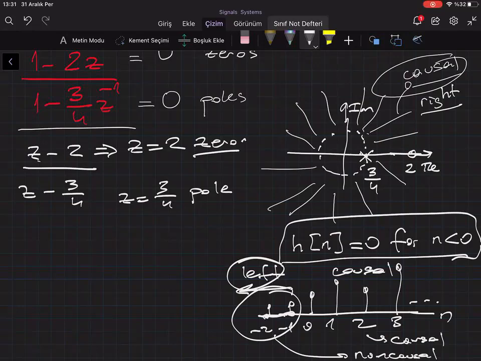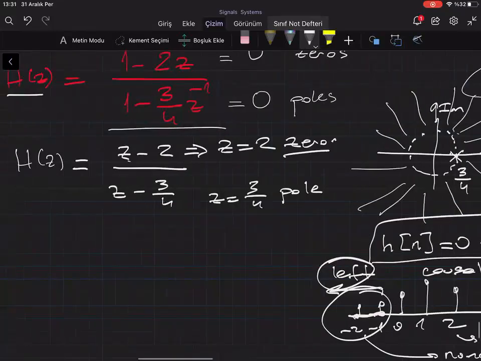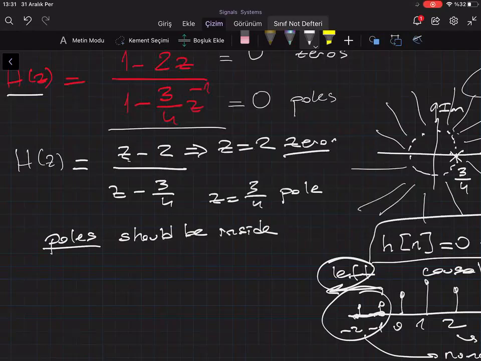Okay. Another condition is that our poles should be inside the unit circle. Okay. So these are important conditions for you, arkadaşlar.